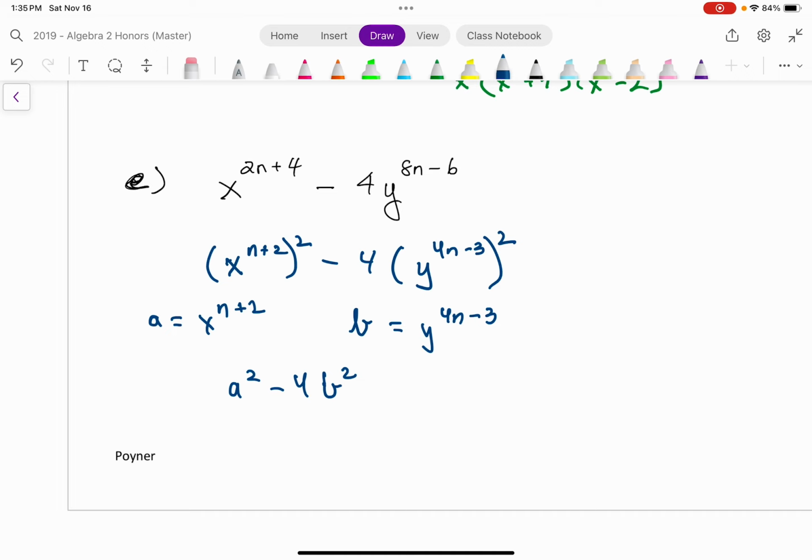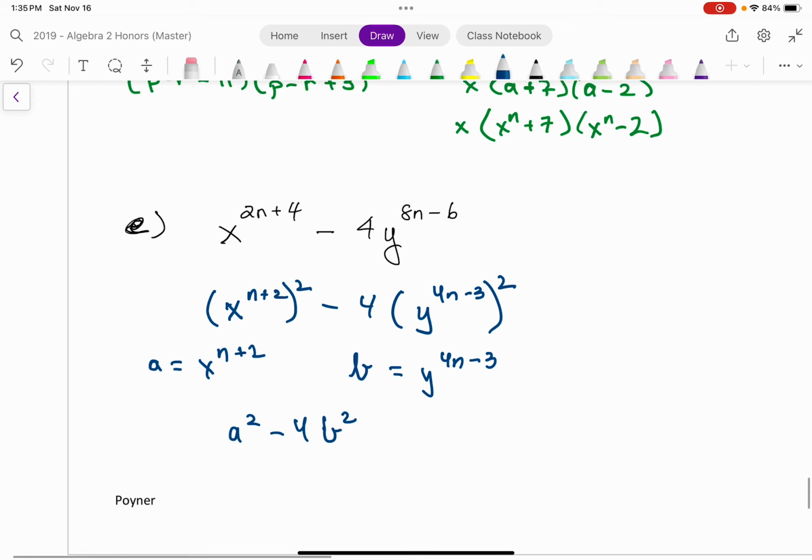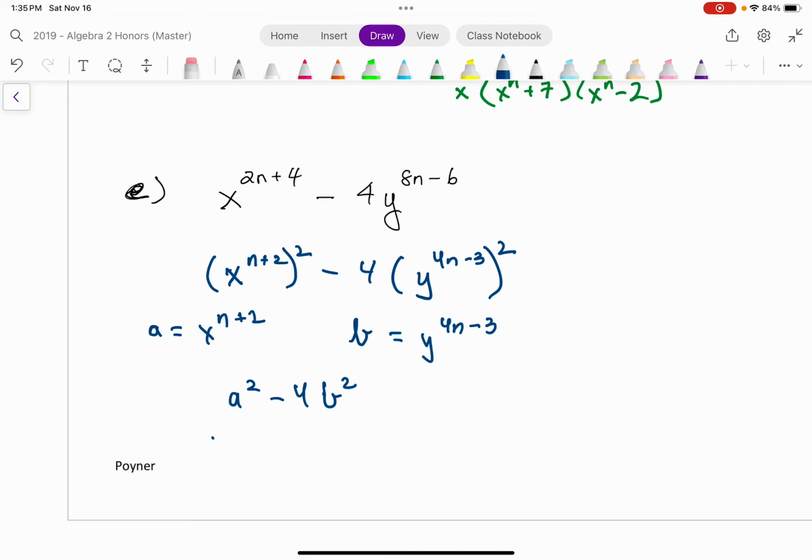So just keep an eye out for that. Even if I can't use temporary substitution by doubling an exponent, if it is a double of something, it might be helpful as well. So that's why I chose it. So a minus 2b, a plus 2b, and then we can substitute back in.